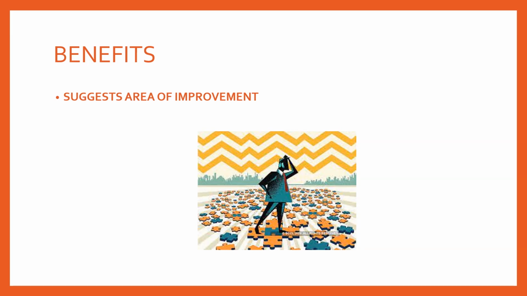We have to take some immediate action on it. So those kinds of areas are really the areas of improvement. That really is one of the real benefits of 7 QC tools. So which area I need to improve upon, that is also suggested by the 7 QC tools.